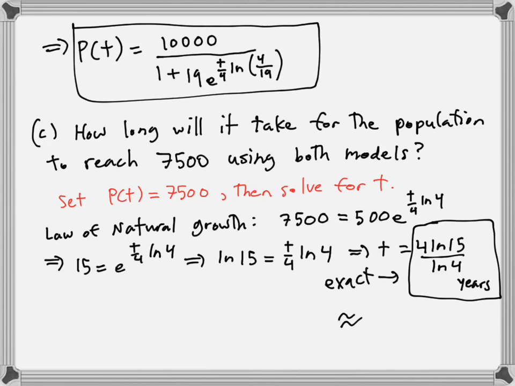If I do that, I get 7.8 years. So this is approximately 7.8 years. This is how long it'll take to reach 7,500 if we assume the law of natural growth, meaning there is no max capacity. So let's try the other model now.